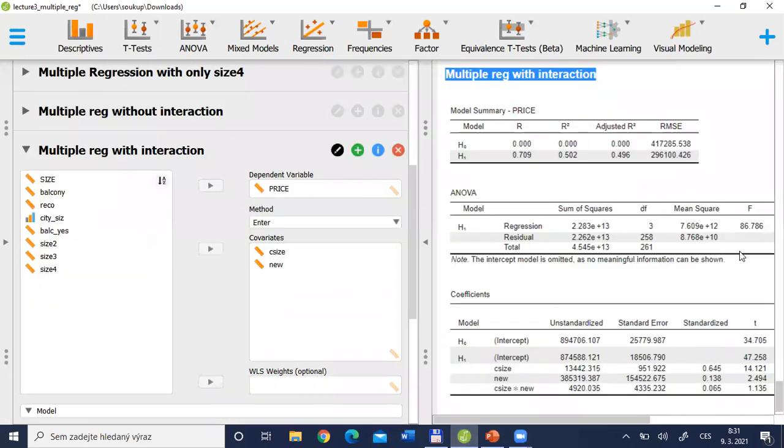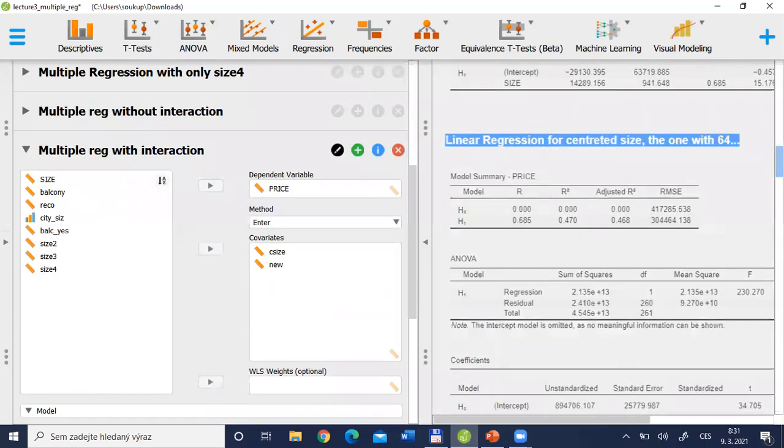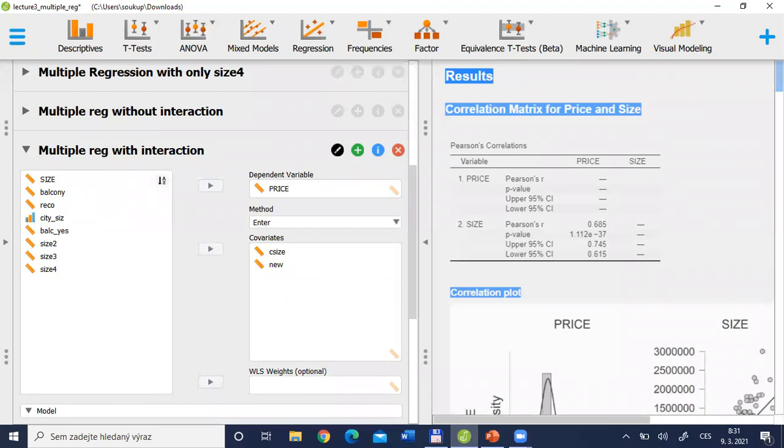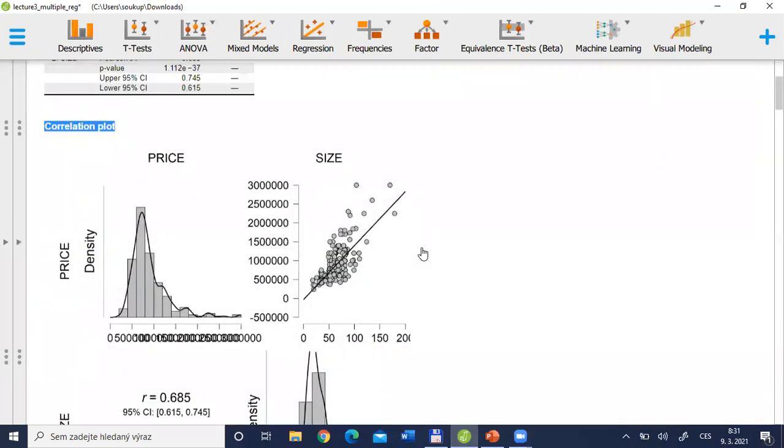So if I go back, I guess we have here some pictures from previous lectures. Yeah, here it is. Here you can see that our points are quite still at the same distance from this line, and that's why this model would be called homoskedastic.